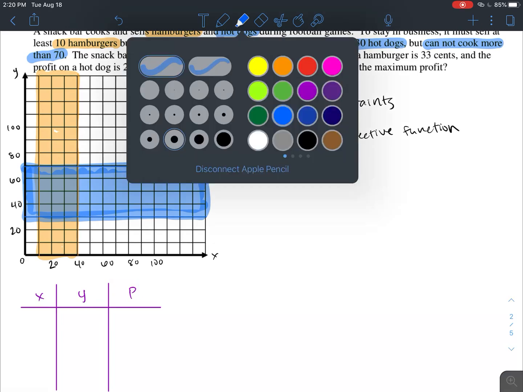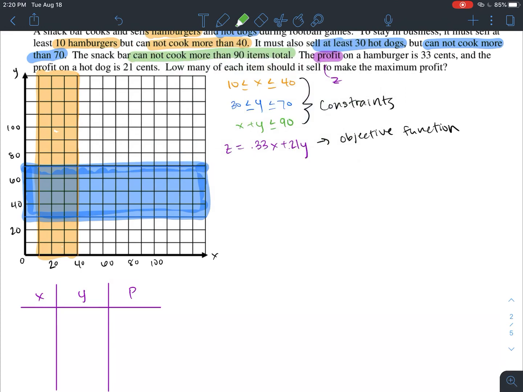Let's go to our green equation. This one is actually a line where, if we solve for it over here, we get y is equal to negative x plus 90, less than or equal to.